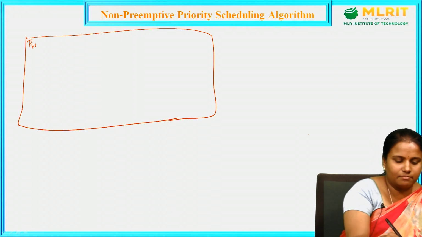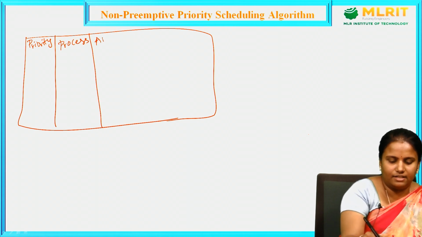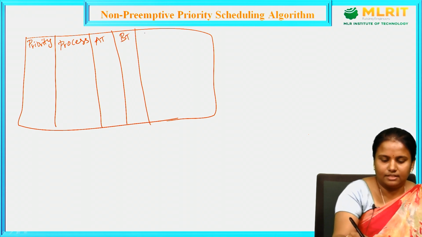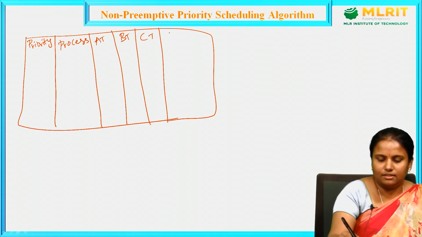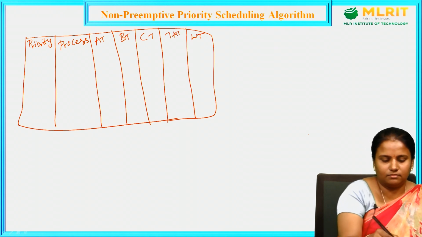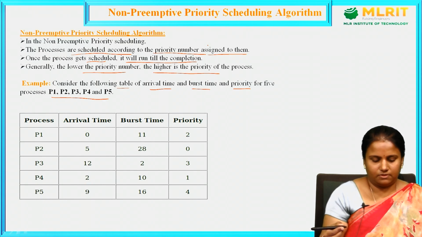First priority, then process, then arrival time, then burst time, then completion time, then turnaround time, and then waiting time. These are the columns for this problem.